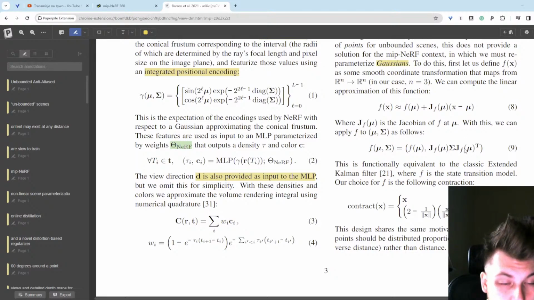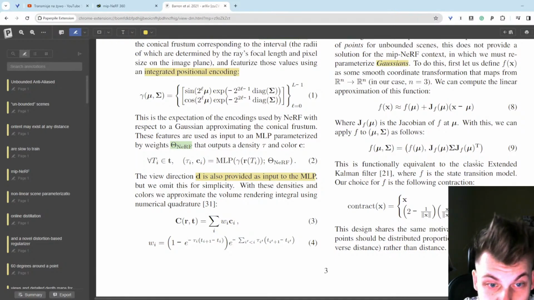The whole point is we're gonna probably shrink these Gaussians to fit into this ball here, where f is the state transition model. Our choice of f is the following contraction, right? So we need to contract to fit into the space. So we have this. Okay, so if the x is smaller than 1, we keep it unchanged.